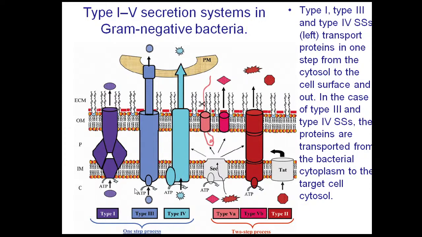Type 1, type 3, and type 4 secretory systems transport the protein from bacteria to the host cell in one step, from the cytosol of bacteria directly to the cytosol of the host cell. This is a very important system to deliver toxins inside the host cell. In the case of type 3 and type 4, the proteins are transported from the bacterial cytoplasm to the target cytosol directly.